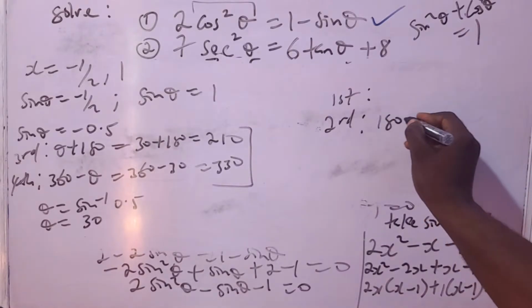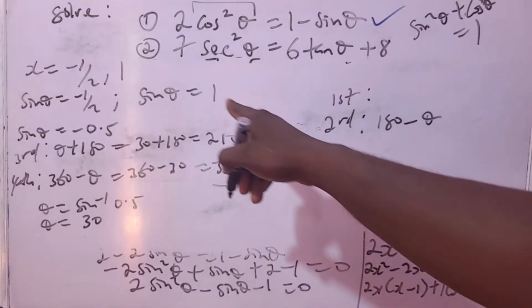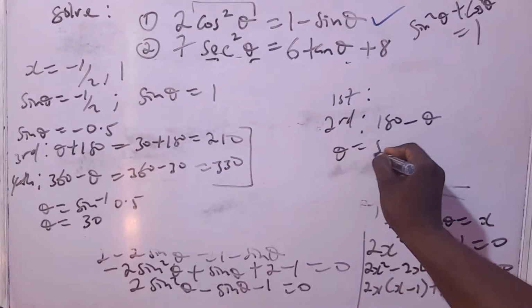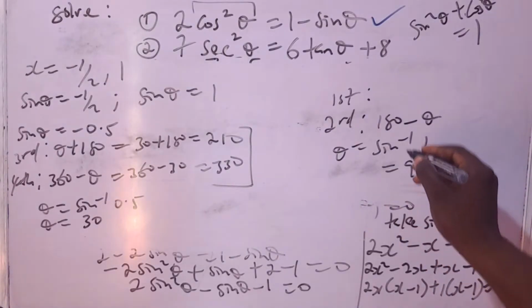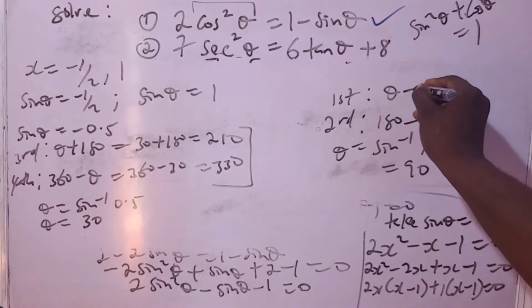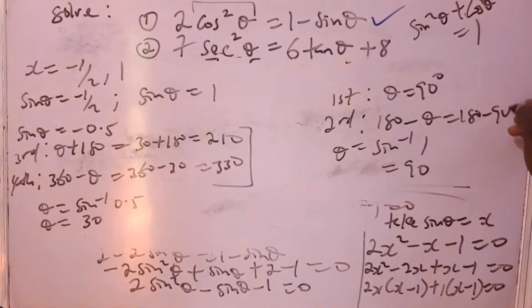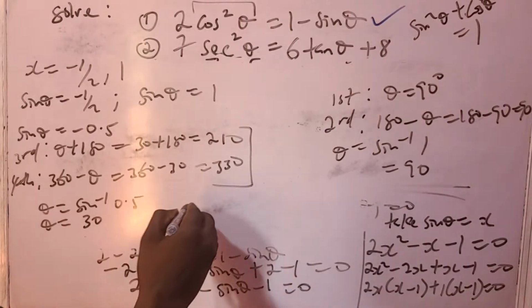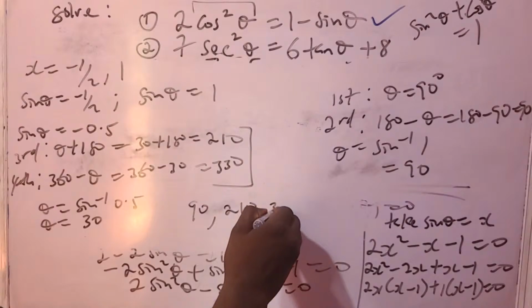You just have it as whatever you had initially. So you want to find your theta. Your theta here is arc sine 1, which gives me the value of 90. So for the first quadrant, theta is 90. And for the second quadrant, we have 180 minus 90, which is 90. So obviously, our final answer will revolve around 90 happening twice, 210 and 330.